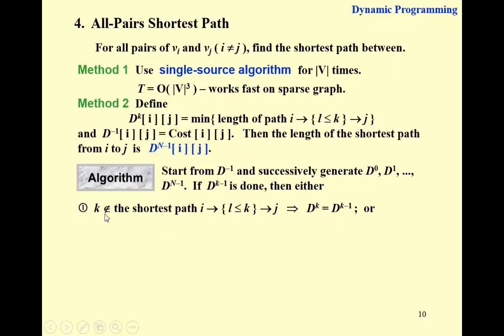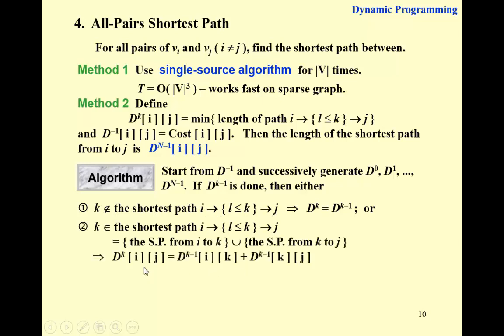Or if k does belong to the shortest path, meaning that by taking this k into consideration we can obtain a shorter path, then this shortest path must consist of two parts. One is the shortest path from i to k, passing through only the vertices strictly less than k, and the other part must be the shortest path from k to j, passing through only the vertices strictly less than k.